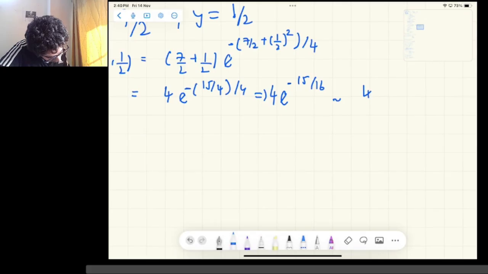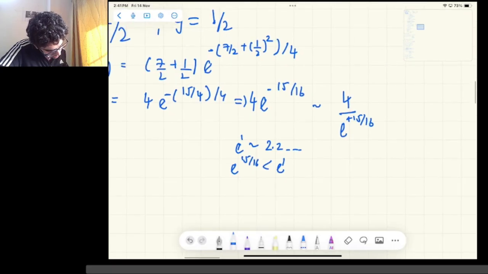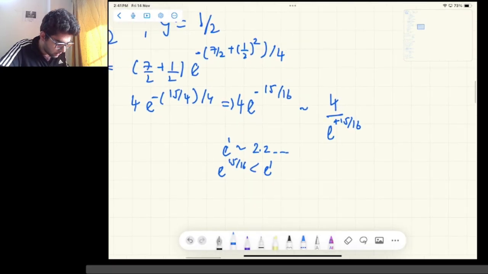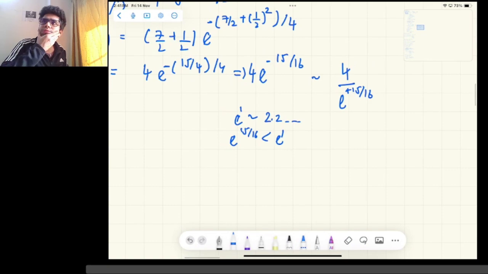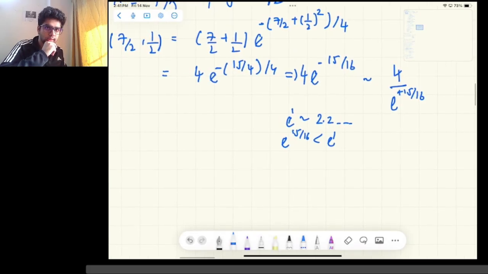So this basically becomes 4 divided by e to the power positive 15 by 16, and we know that e to the power 1 is approximately 2 point something. So e to the power 15 by 16 will be less than e to the power 1, so this will be greater than 1, close to 2 and greater than 1.